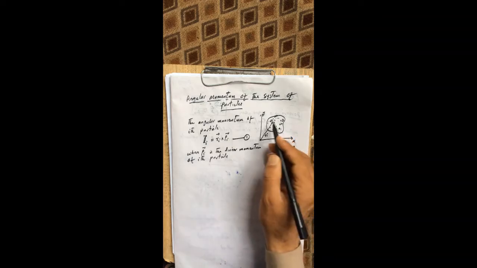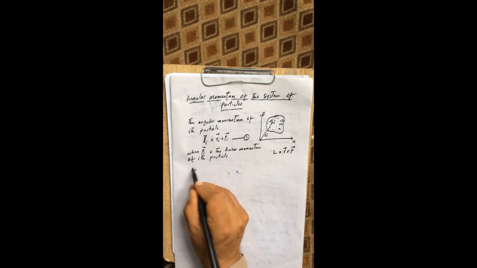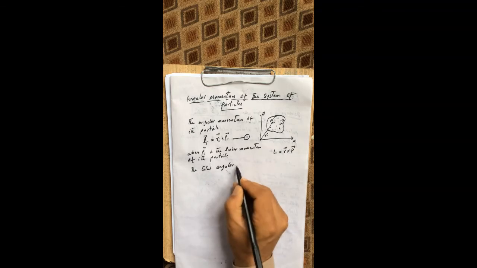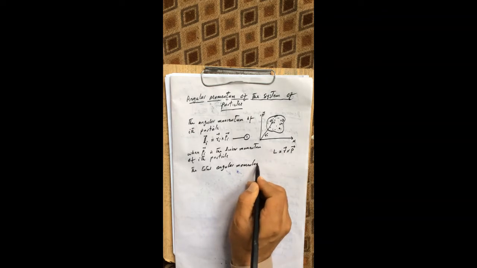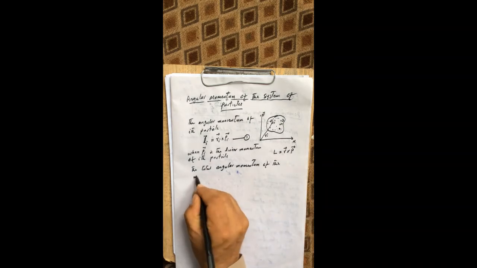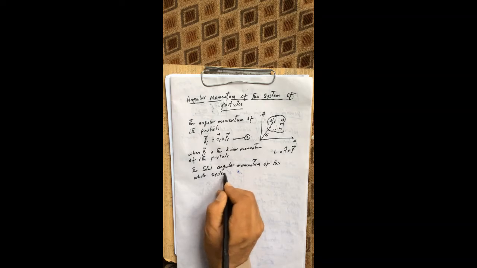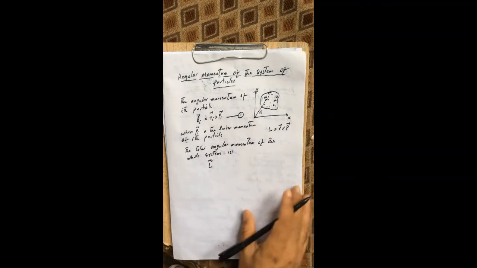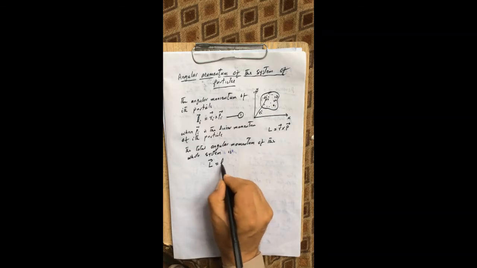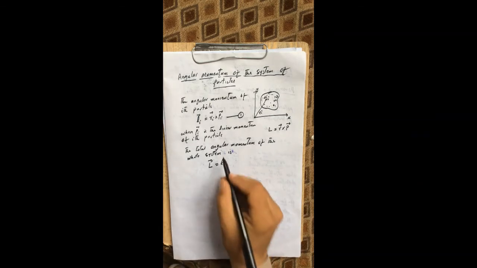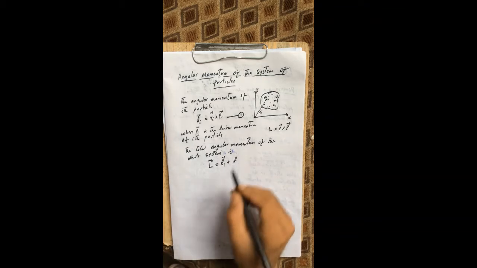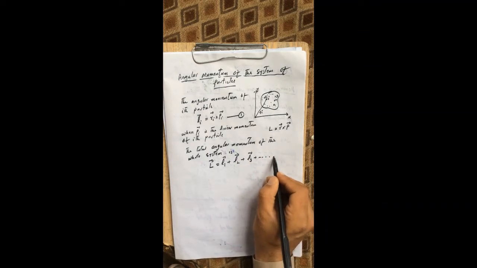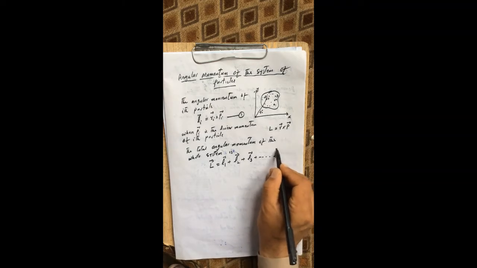So in order to calculate the total angular momentum of the whole system, which I represent by this capital L, it will be equal to the vector sum of the angular momentum of particle 1 plus particle 2 plus particle 3 plus up to the nth particle.